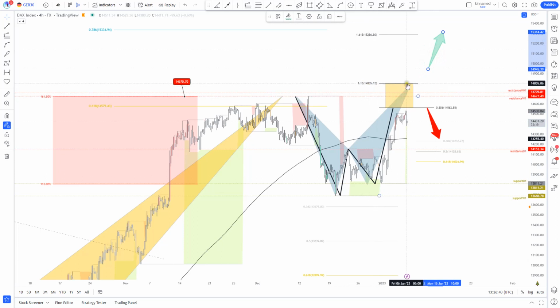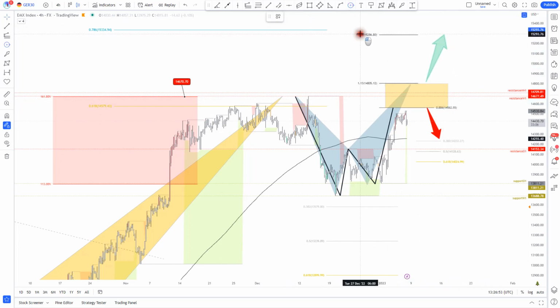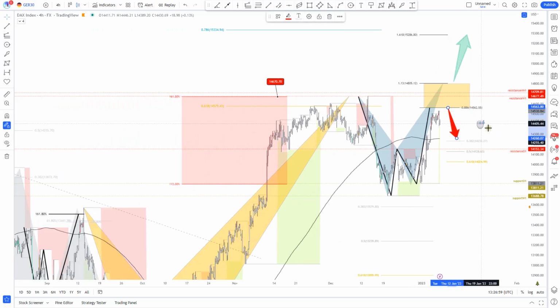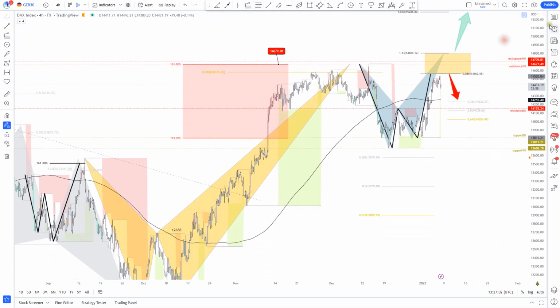And then if the price fails to find resistance in this price range, then I will assume the price will rally to the upside, and then I will pay attention to the golden Fibonacci above. For now, I'm paying attention to the eventual formation of this bearish bat pattern on the German DAX.